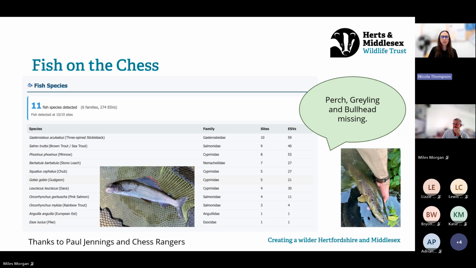Yeah, so Paul Jennings and the Chess rangers helped me out with the list of species they know are there. And there were a few that they found were missing. We know that the bullhead is there because they had the other record, but the perch and grayling didn't show up, although they have showed up on other records. So that's a bit of a strange one.